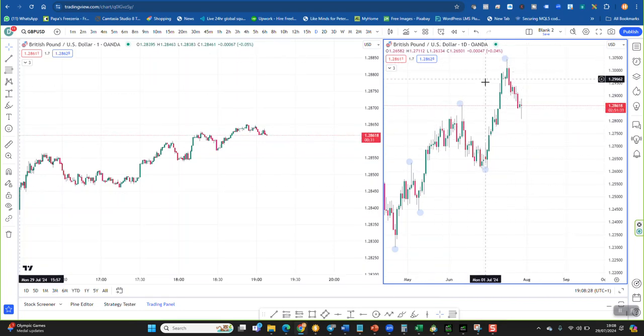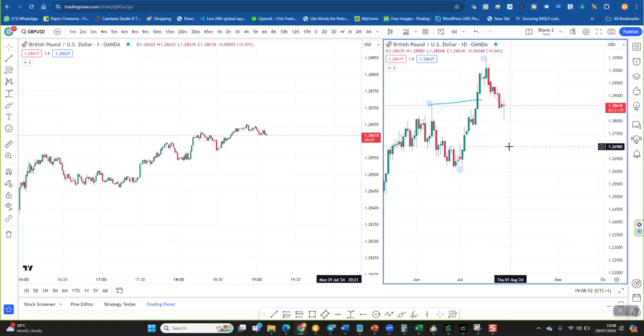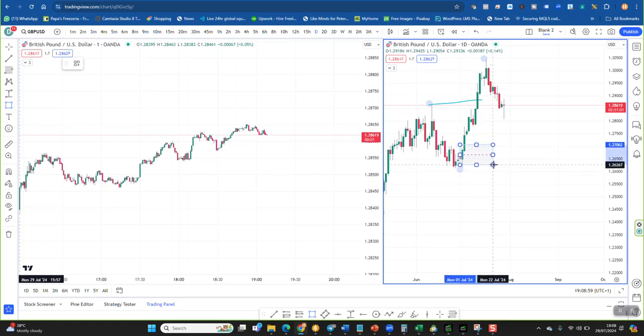So the first question is, what can we find along this last low that made a high that broke structure, right? That's the question we should be asking ourselves. Yeah, so there are a couple of things I can see on the daily time frame. We have this zone here, which is at the extreme of the whole move.